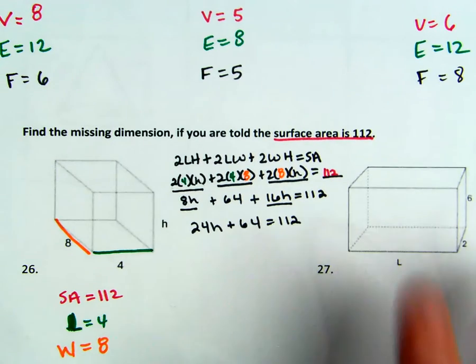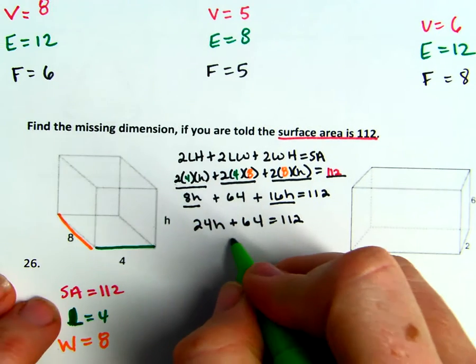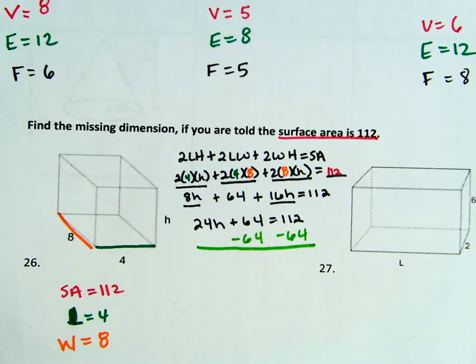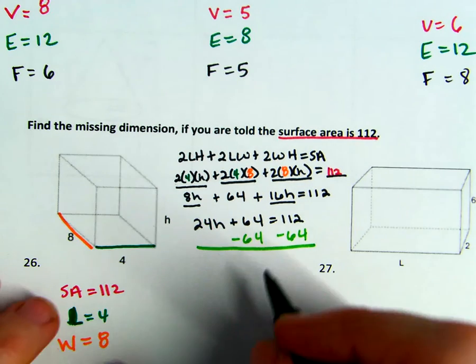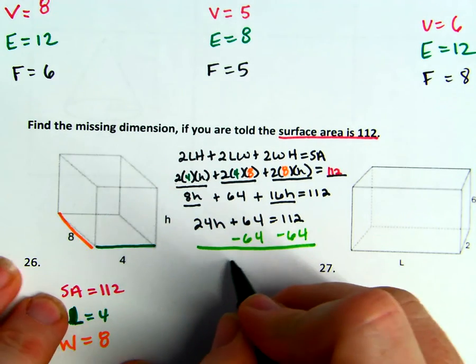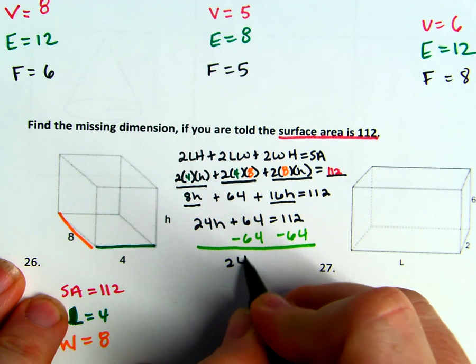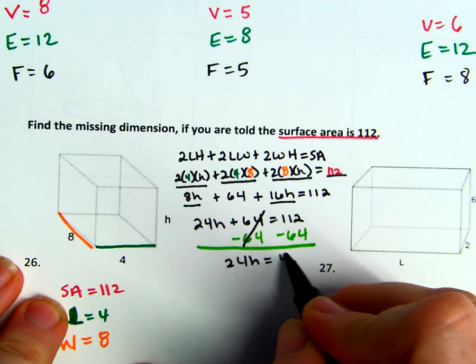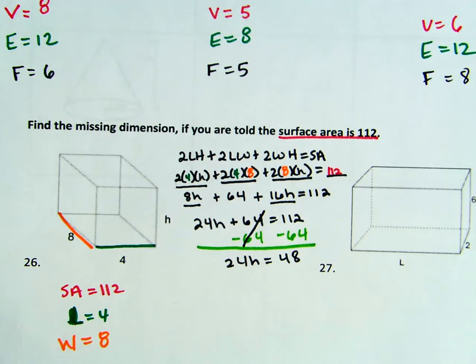I'm going to subtract 64 from each side. 112 minus 64 is 48, and the 64 is gone on the left, so 24h is equal to 48.